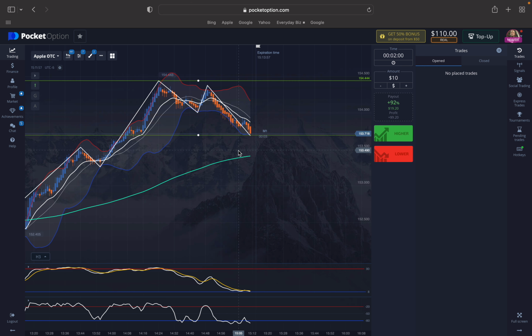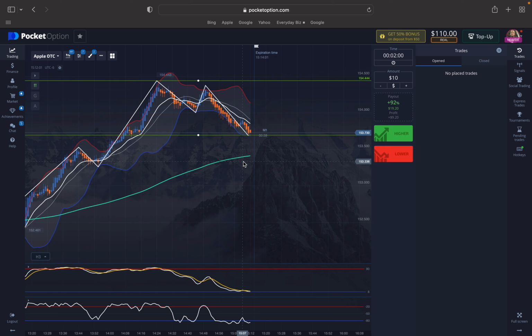Basically the rule is you got to go up or go down. Let's say you put it in for 2 minutes; in 2 minutes you want to see if it stays above the line.